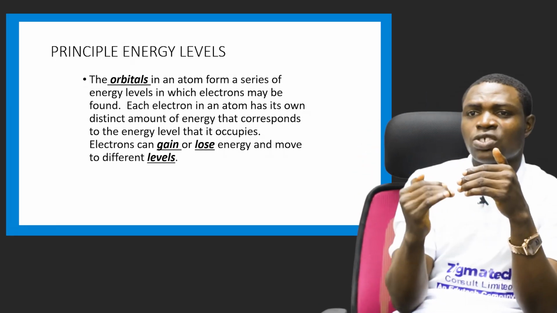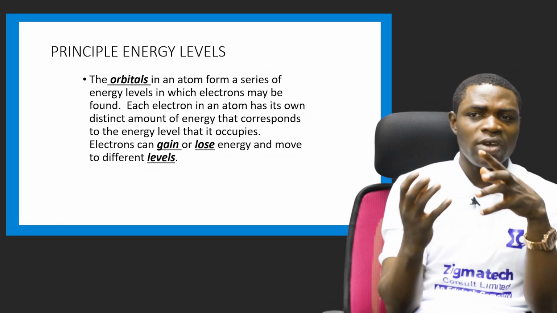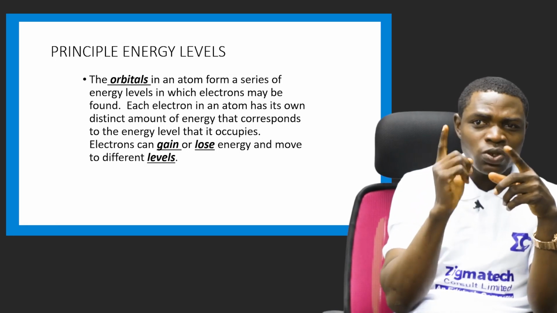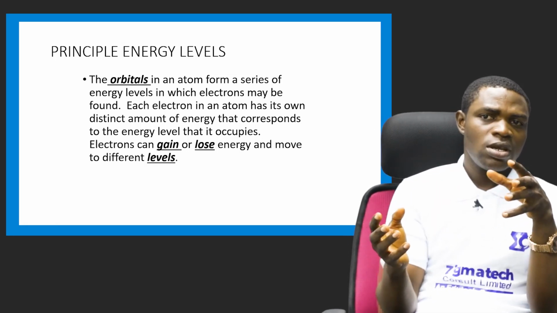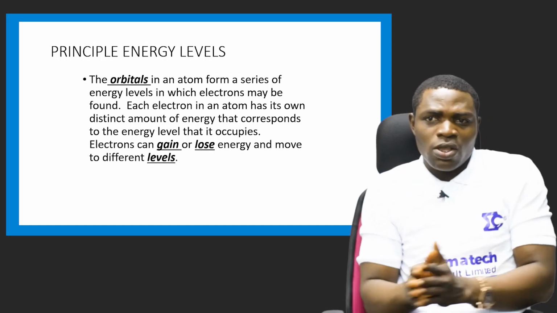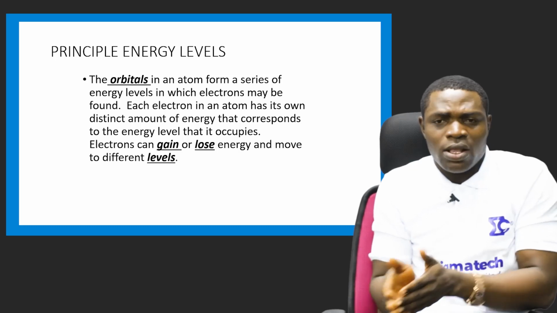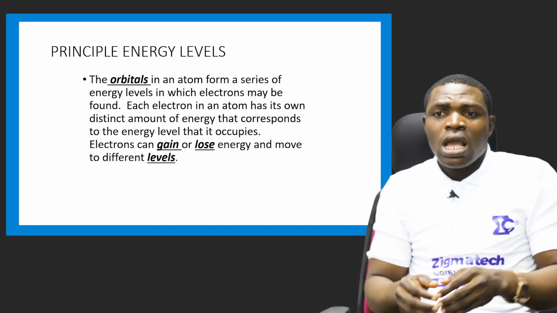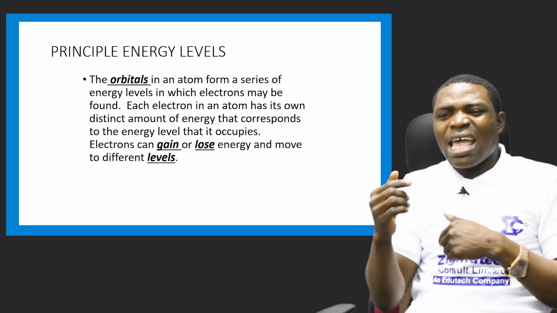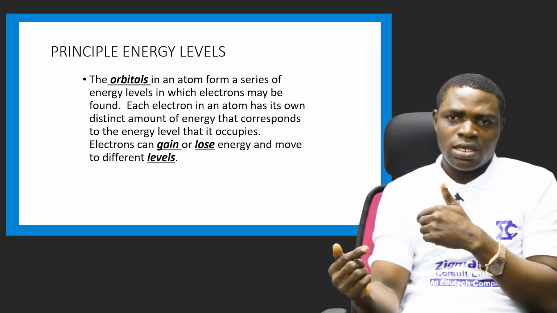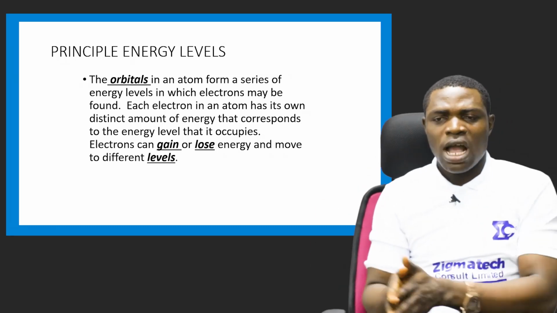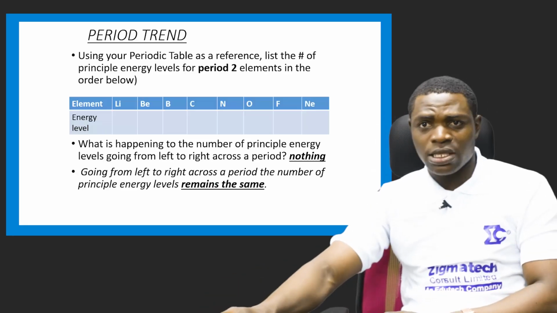Each electron in an atom has its own distinct amount of energy, which must correspond to the energy level that it occupies. An element can lose or gain electrons, and there must be a movement from one energy level to another. You need to understand this.